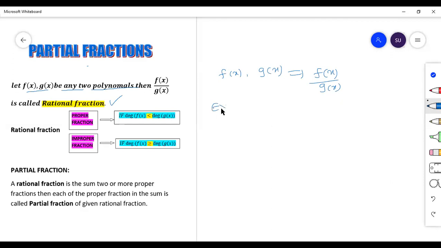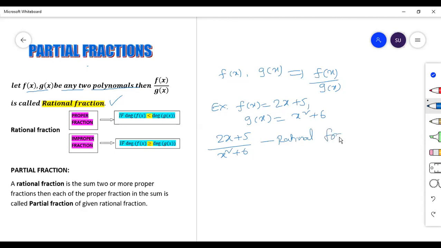For example, suppose f of x is equal to 2x plus 5 and g of x is equal to x square plus 6. If I write 2x plus 5 by x square plus 6, it is a rational fraction.